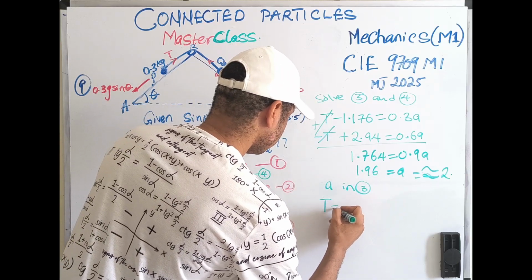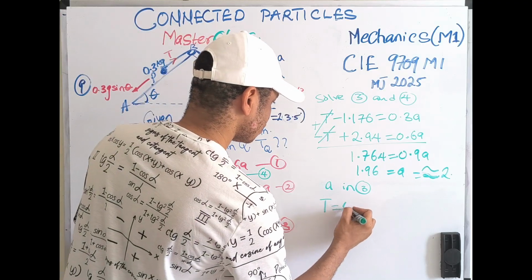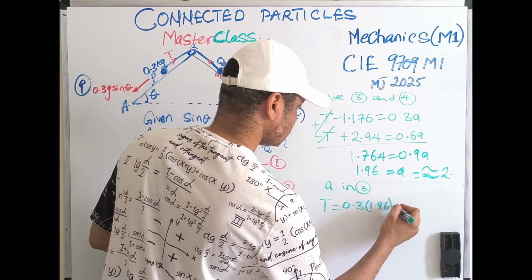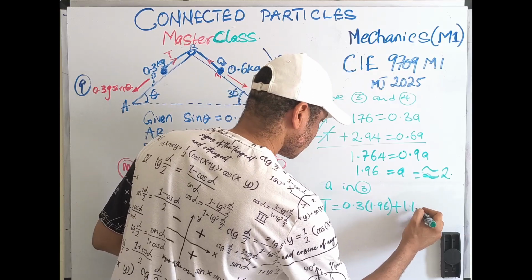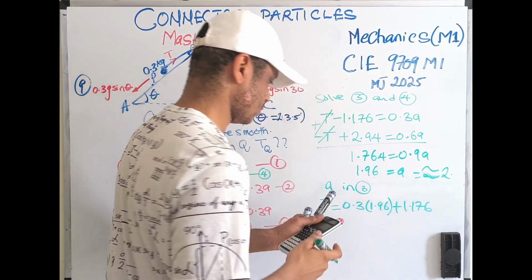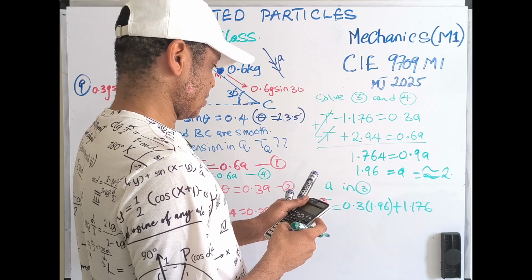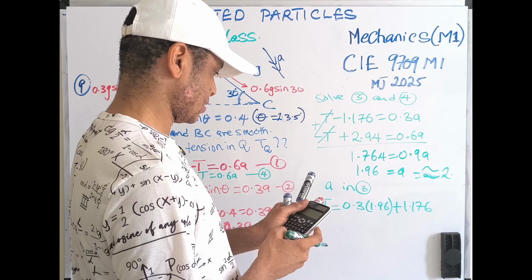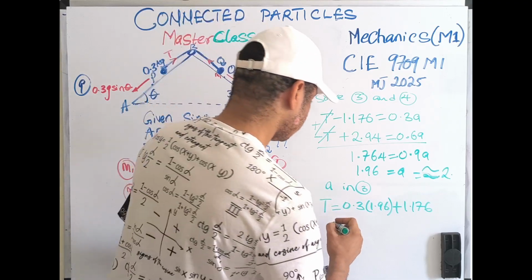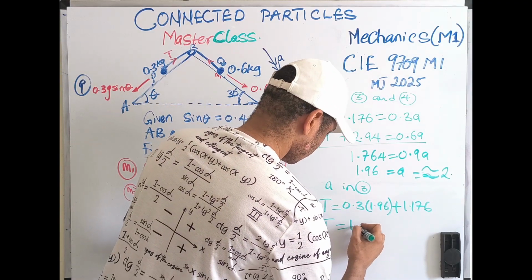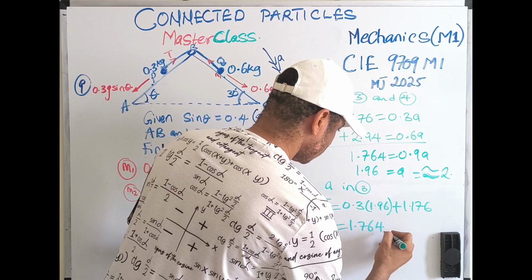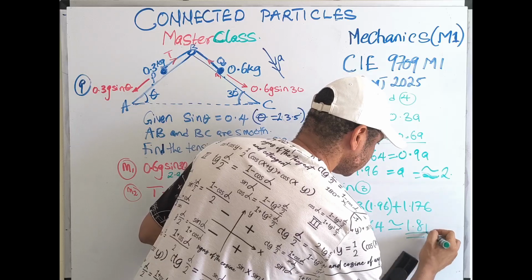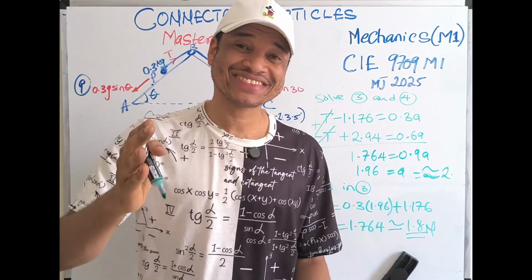So T will be 0.3 times 1.96 plus 1.176. So this will be 1.764, which is approximately 1.8 newtons. So this is my answer.